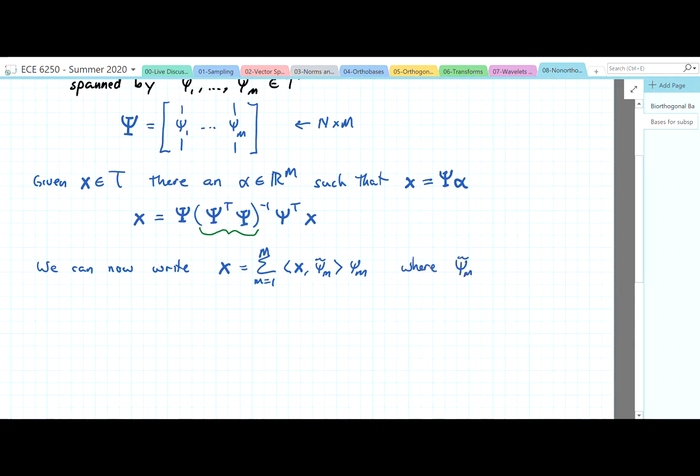Psi tilde of m transpose equals the mth row of this crazy matrix, psi transpose psi inverse psi transpose.